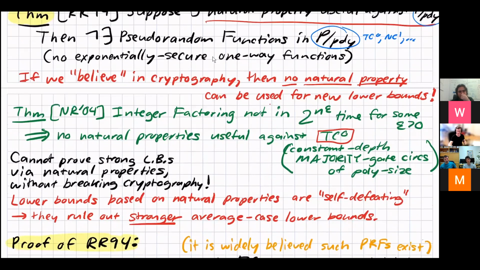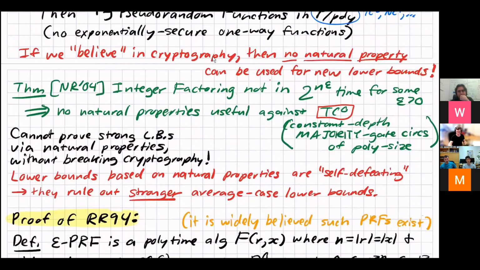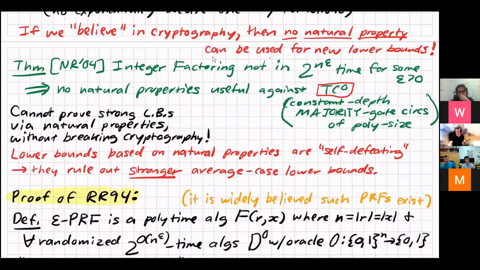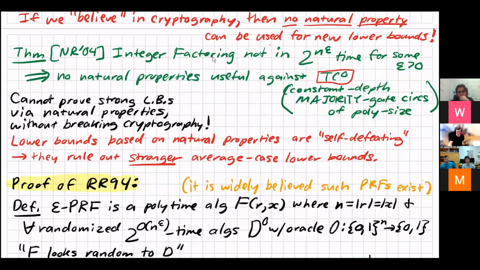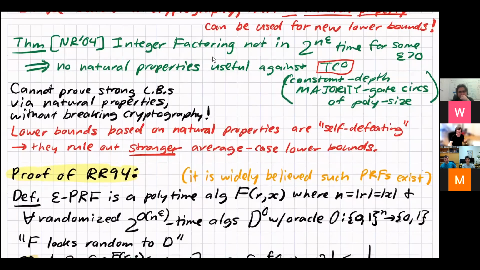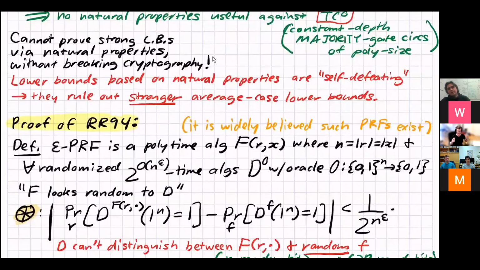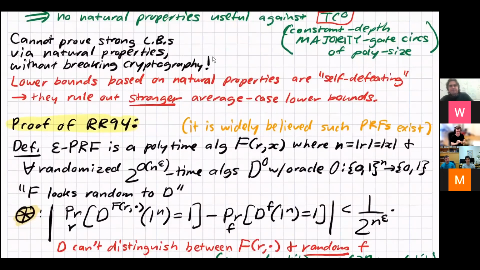All right, so let me talk about how the proof goes. But before I give you the proof, I need to tell you what a pseudorandom function is. For the purposes of this discussion, I will say it this way. Let epsilon be some parameter.